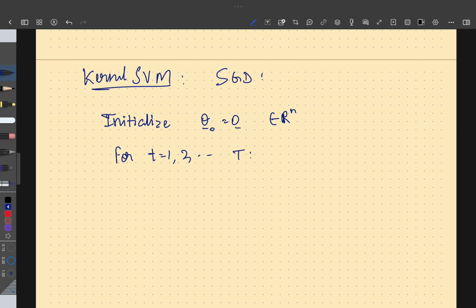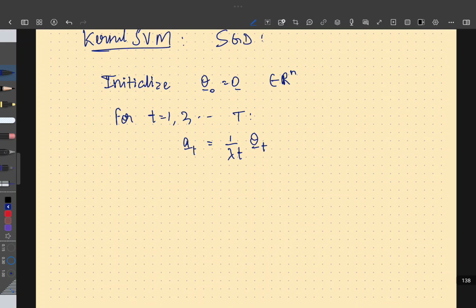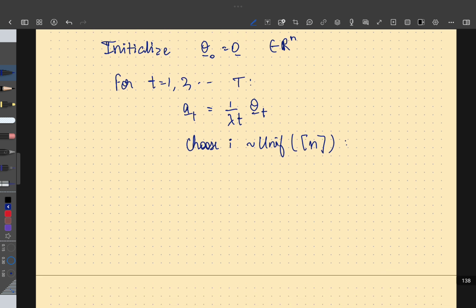So for t time steps, you do the following. You set alpha t to be equal to 1 by lambda t times theta t, and then every step you choose i uniformly at random from 1, 2, 3 up to n. You pick a random data point, and you do the following.